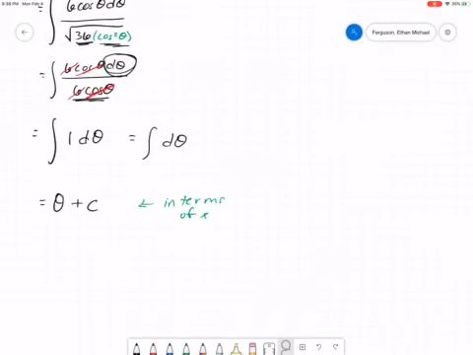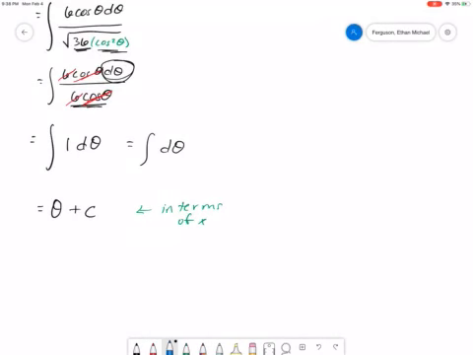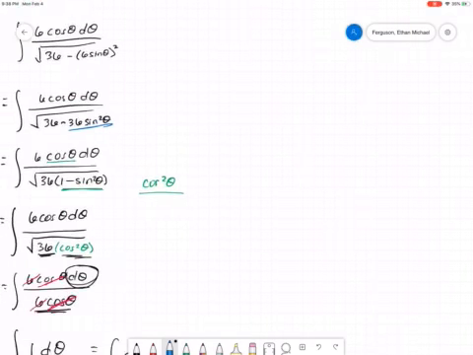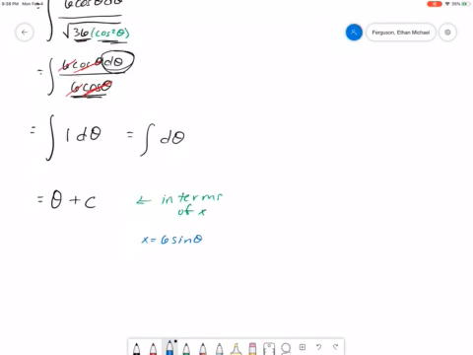So if I bring that down and I just write it down here, I have x is equal to 6 sine of theta. Let's make sure that's right. Yes. And we don't need dx for this. So if this is what x is equal to, we want to solve for theta. I'm going to divide both sides by 6, so I get x over 6 is equal to sine theta.